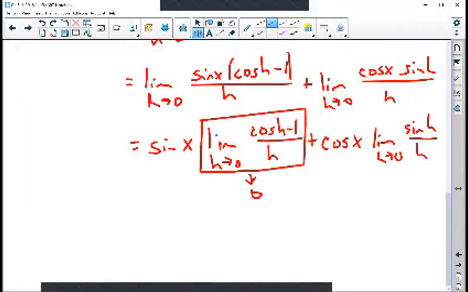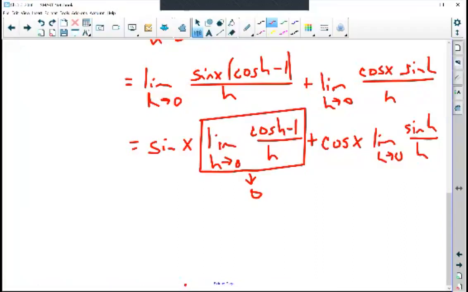And what is sine x times 0? 0, okay, good. All right, so now let's take a look at what happens to sine h divided by h.